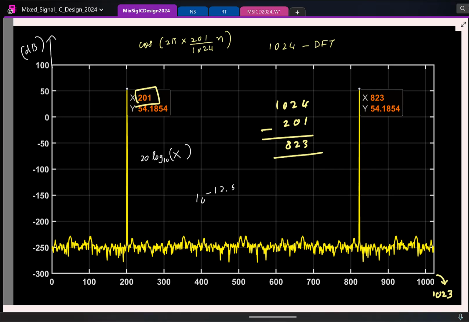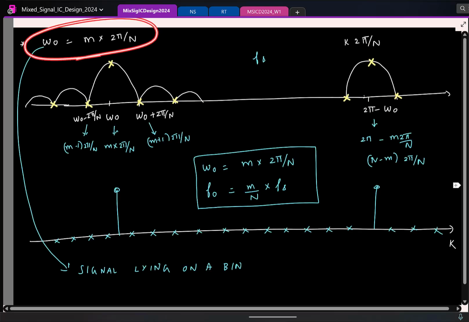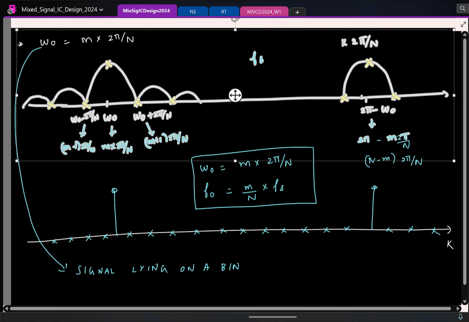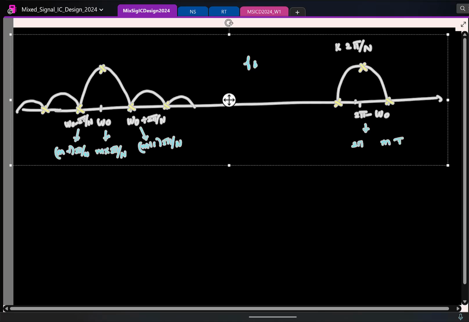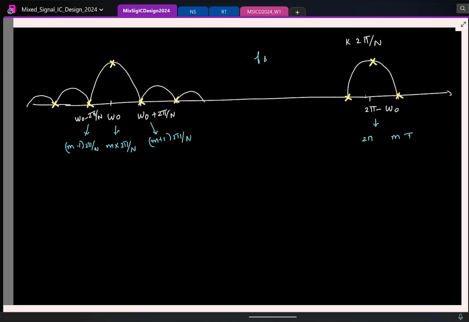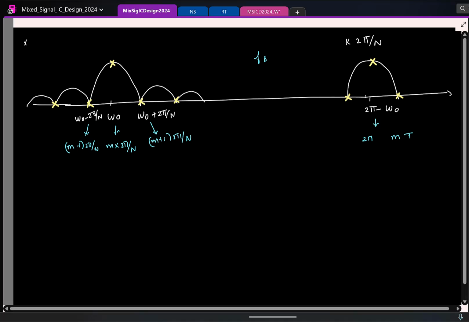Anyways, so this is the case. Now let's look at a case where the signal is not of this form. Because there are only two possibilities: either it is like this, or it is not. Let's also see what happens in the other case. So here I have chosen my signal. Let's take an example.